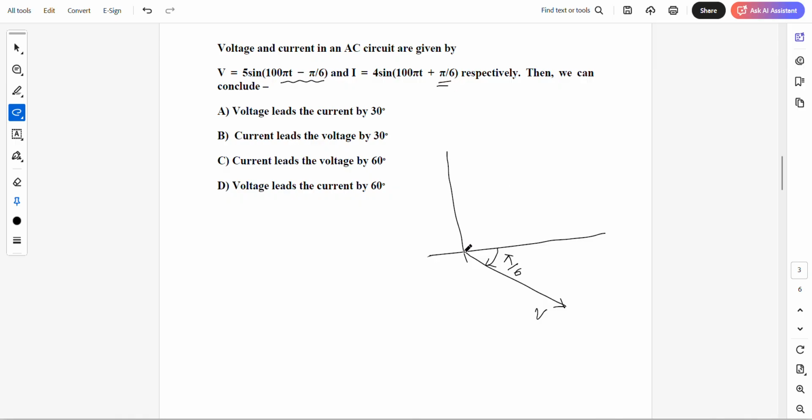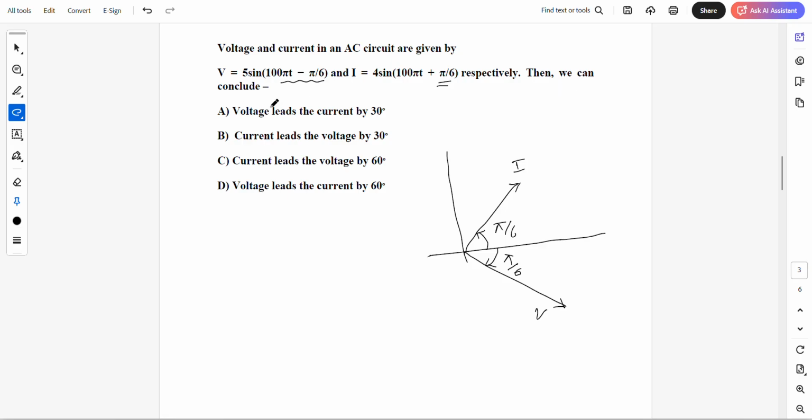Therefore I will be somewhere here. V is here and I is here. V is lagging by an angle pi by 6, and now I is leading by an angle pi by 6.